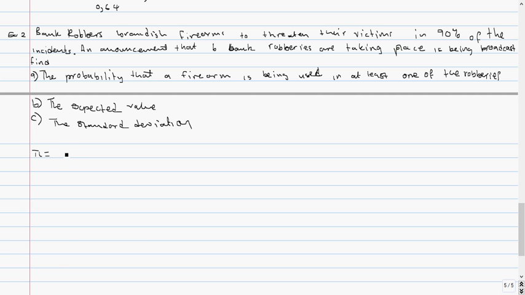That is the probability that an armed robbery is taking place, which is 90%, 0.9. n is going to be the number of samples taken, 6. Right. Now we can start answering the question.